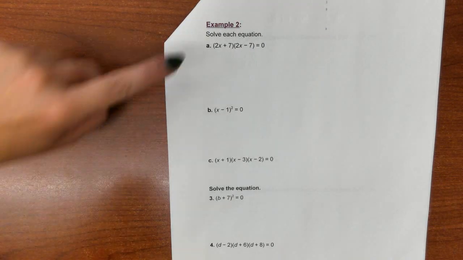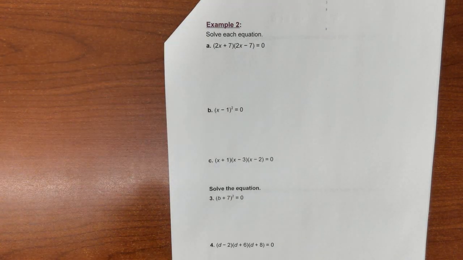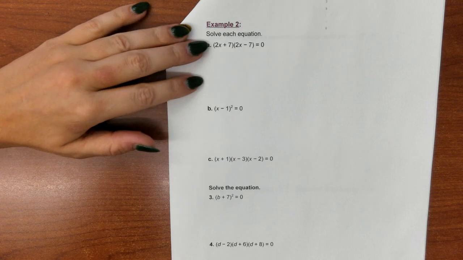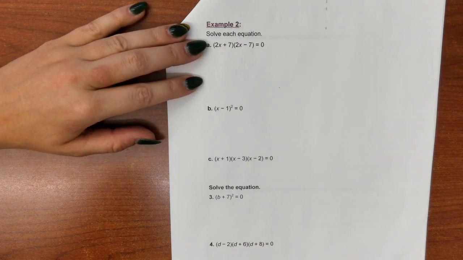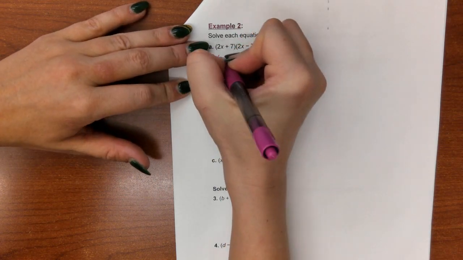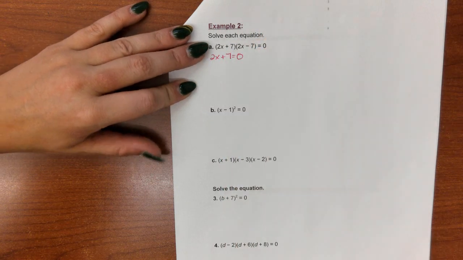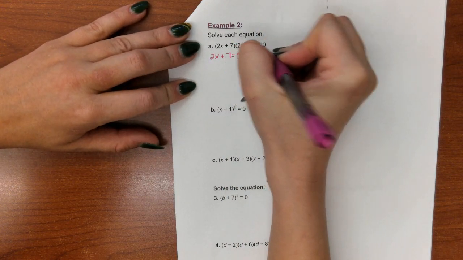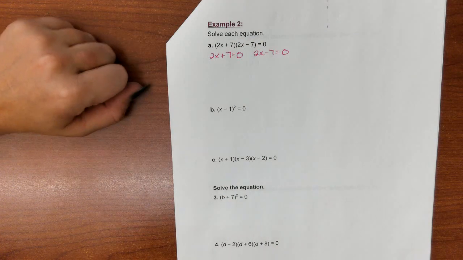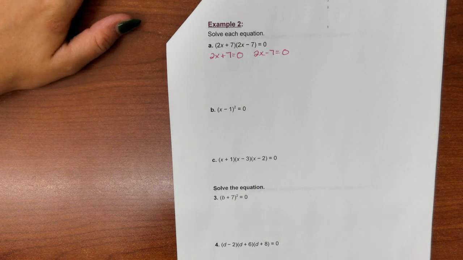Okie doke, so for this top one, this one looks very similar to the ones that we've already done. So we're just going to apply our process again, setting each part equal to 0 and solving. So I'll have 2x plus 7 equals 0, and 2x minus 7 equals 0.